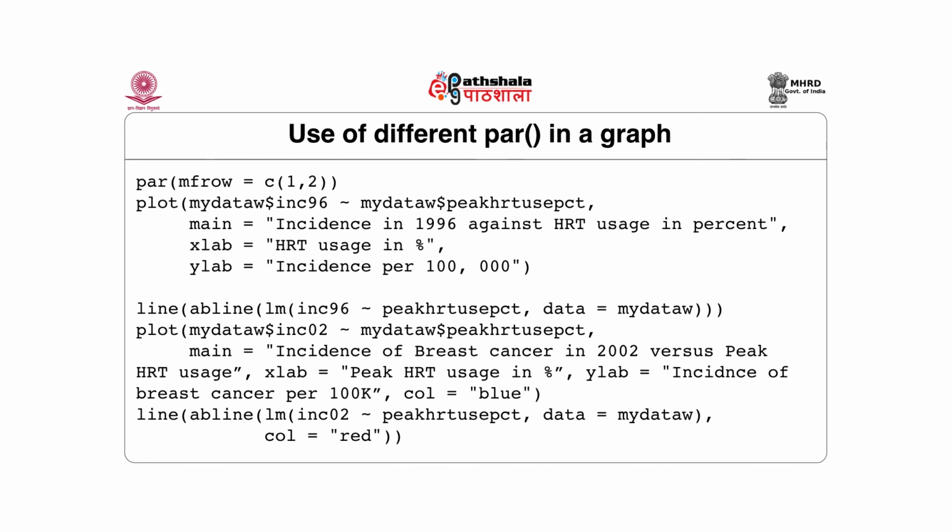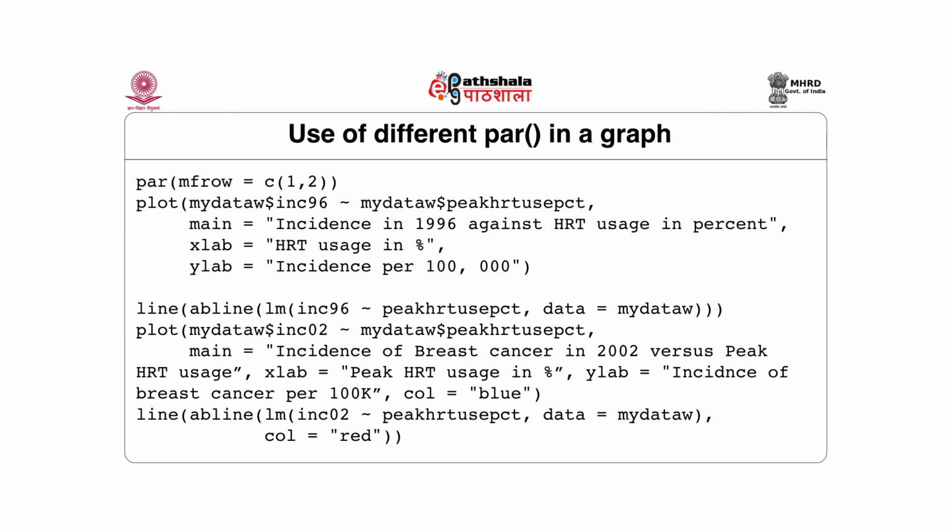The word mfrow indicates that you are going to fill it row-wise, which means that you will first fill the first row and then you're going to fill the second row. Of course, in this particular case, that does not make much of a difference because you've got only 1 row and 2 columns. So you specify the rows and the columns. So c(1, 2) tells you that there is only 1 row and 2 columns.